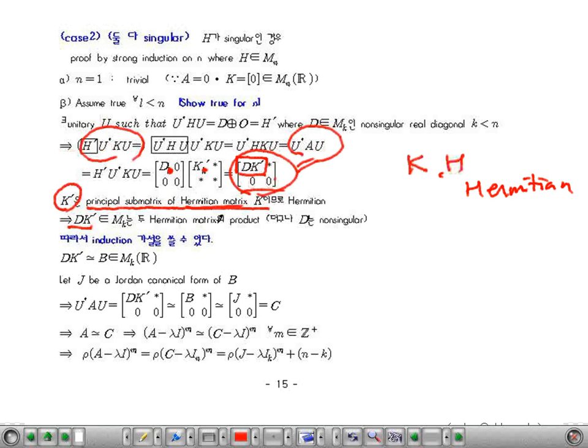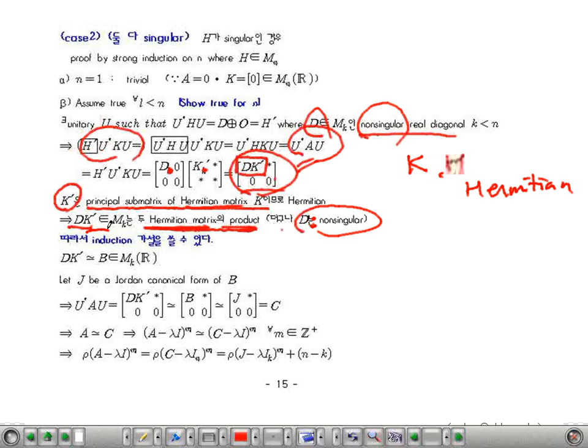It's a product of two Hermitian matrices. D is a Hermitian matrix because it's a non-singular real diagonal matrix, and K prime is also a Hermitian matrix. So DK prime is the product of two Hermitian matrices. Furthermore, D is non-singular. That's what we defined.